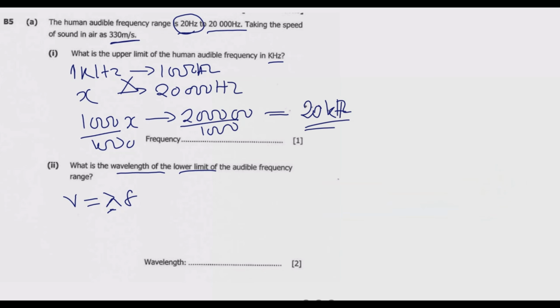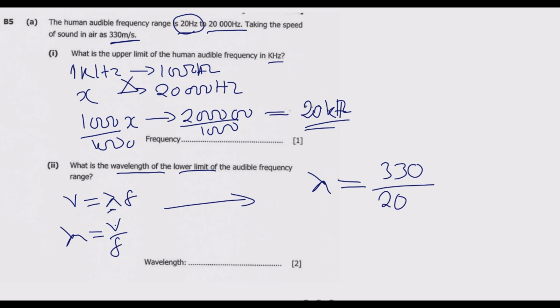So let us find wavelength. We divide by f on both sides, so wavelength is equal to velocity over frequency. Therefore wavelength will be 330 divided by 20, and when you divide by 20 we end up with 16.5 meters. So 16.5 meters is the wavelength.